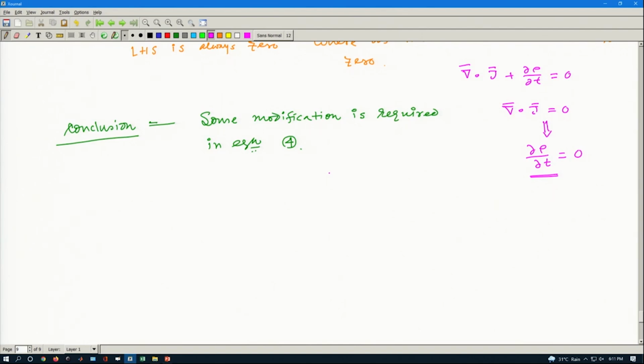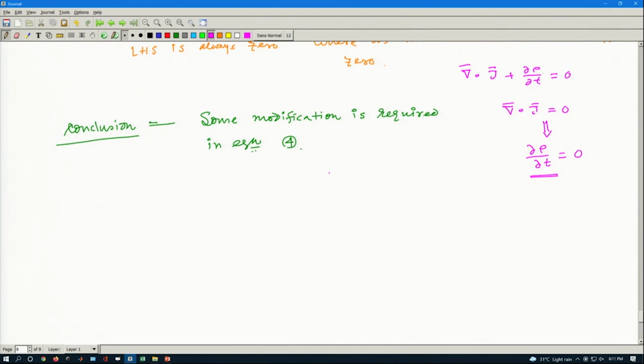If the left hand side is always 0, we should make the modification in such a way that the right hand side also gives the value 0. So, with this note I would like to conclude today's class.